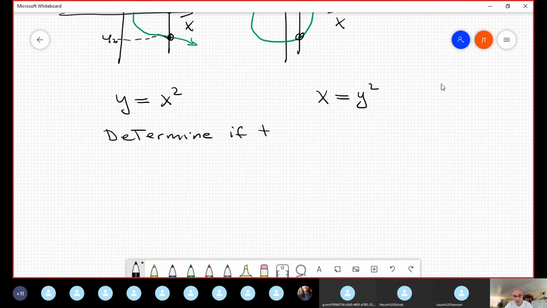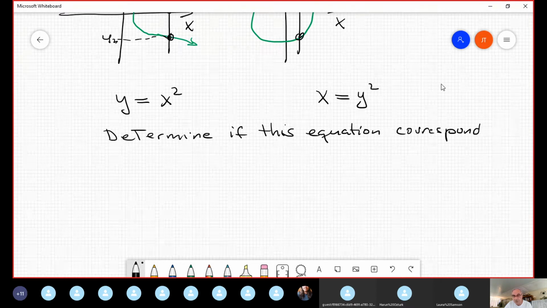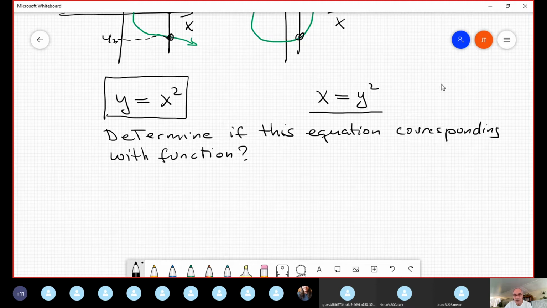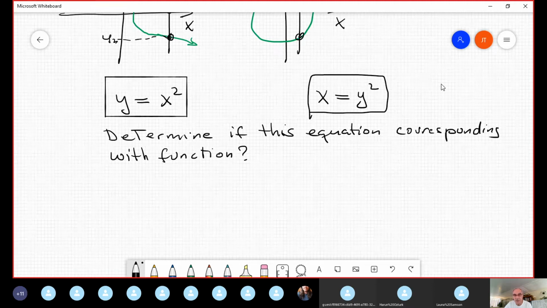One fantastic way to determine this is to do the graph of this and the graph of this, and apply the vertical line test.